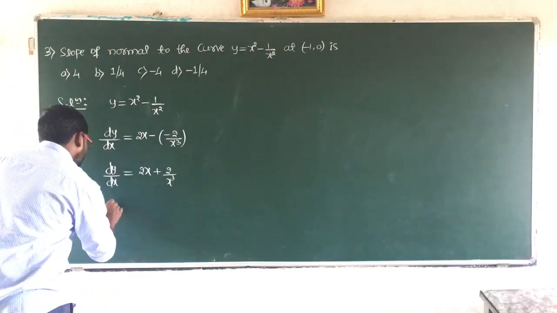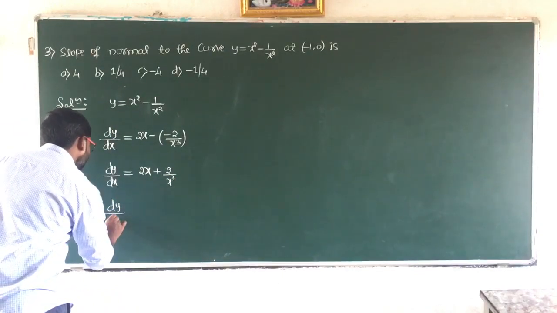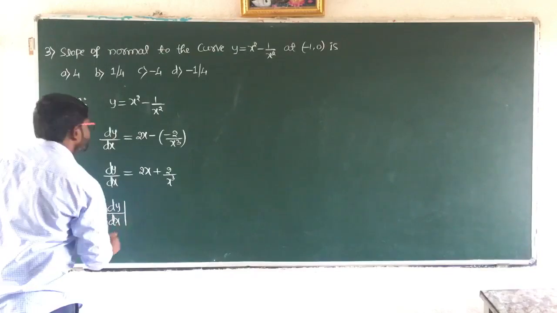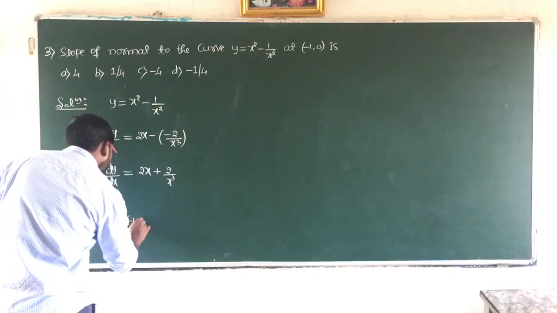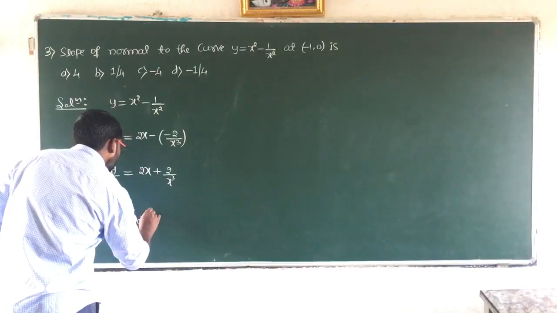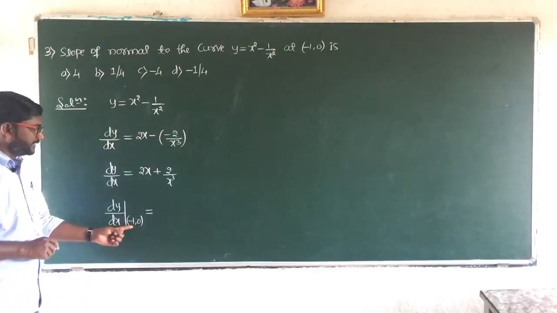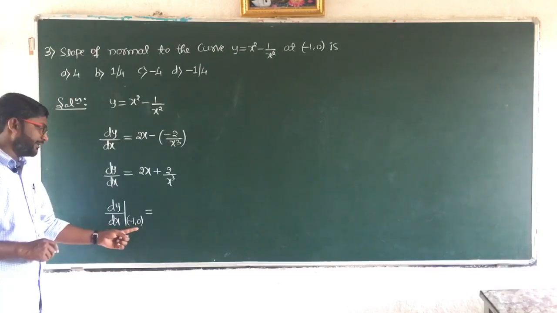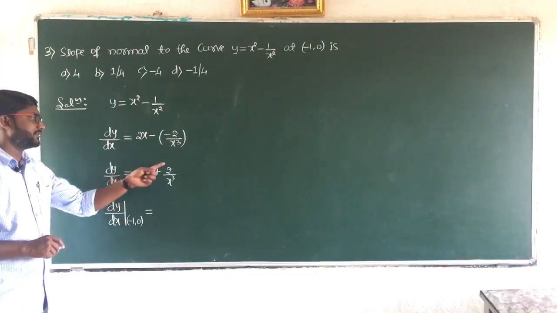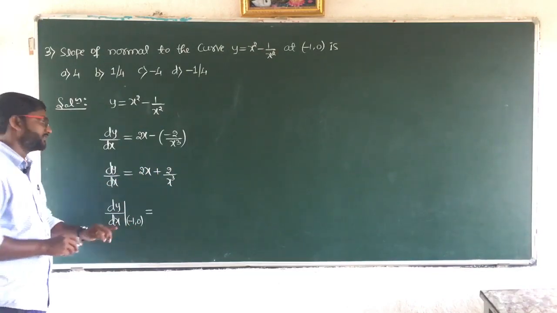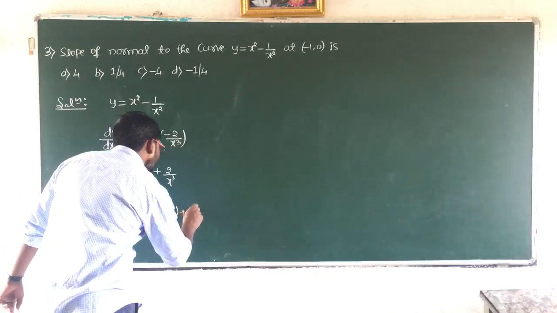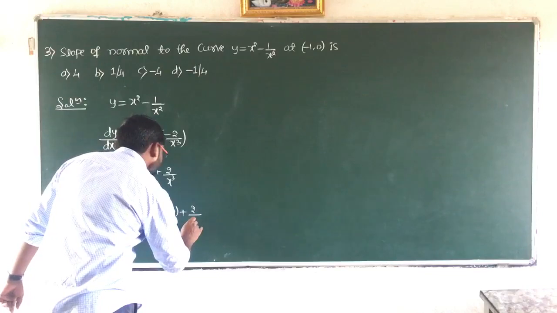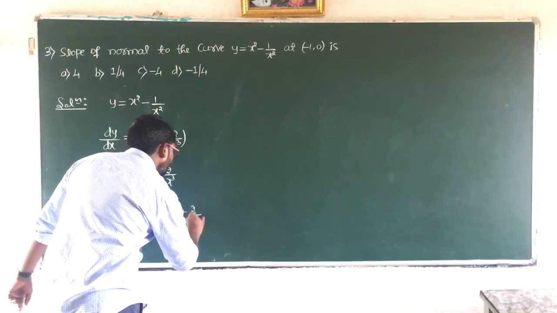Now dy by dx at minus 1 comma 0 means the value of x is minus 1 and the value of y is 0. So here we have only the x term, that means replace x by minus 1. So 2 into minus 1 plus 2 divided by minus 1 the whole cube.